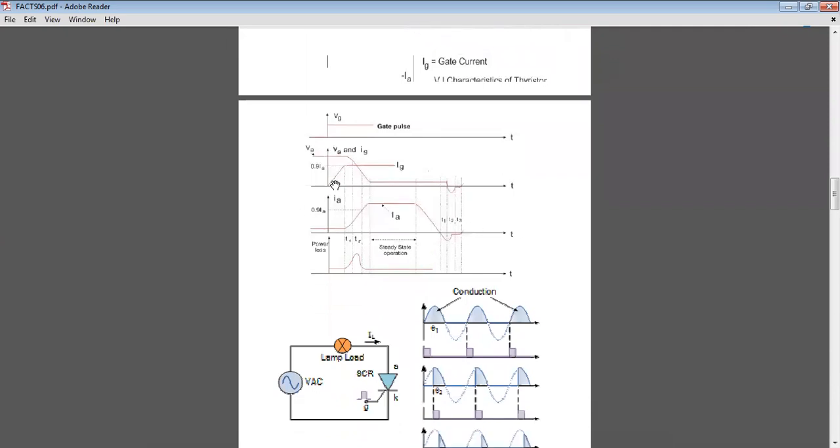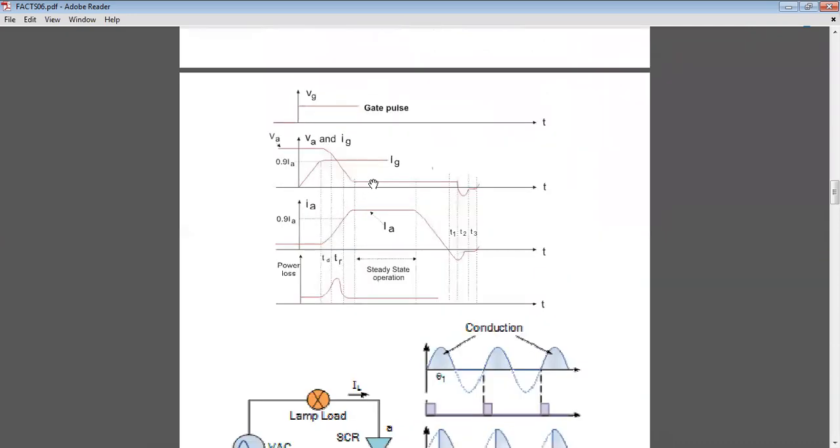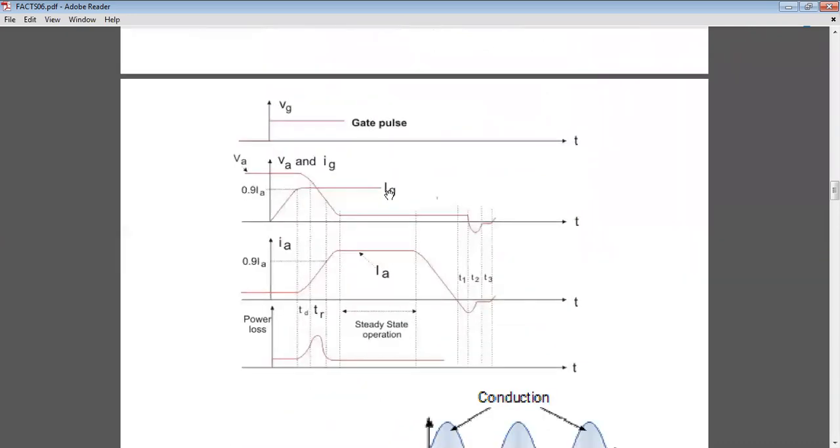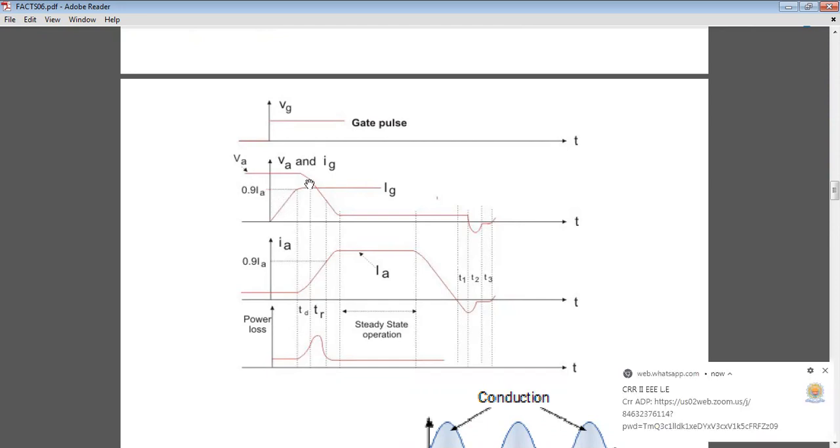You can see that this is the gate characteristics. This is the switching characteristics, that is, when the gate pulse is applied, how the anode to cathode voltage and current vary. You can see here the current changes from approximately zero to maximum during the on state.